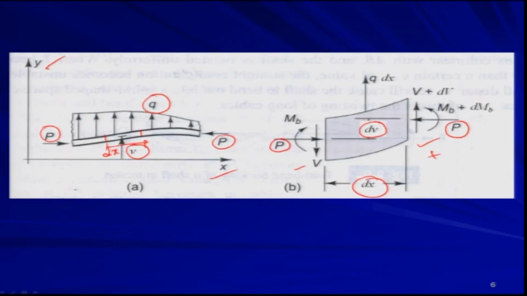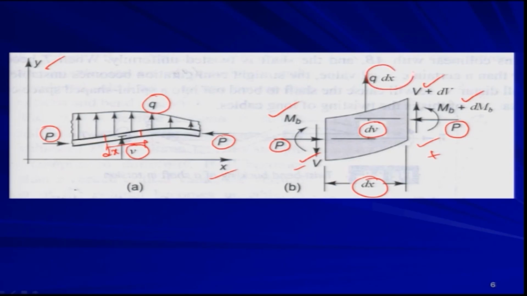Now, as before, we are considering the column or the slender member. So we will be having MB on this face, V that is the shear force. On this face you will be getting MB plus dMB, some increment, and shear force V plus dV, some increment.